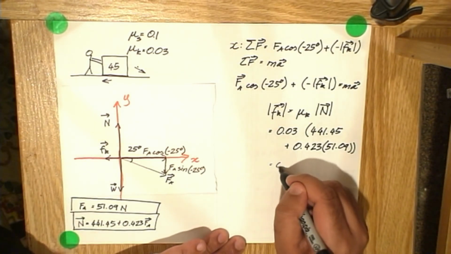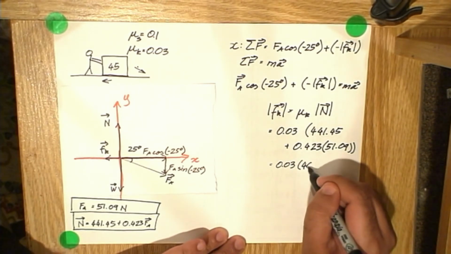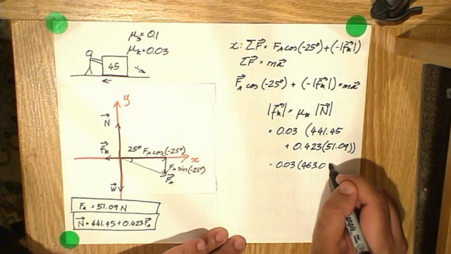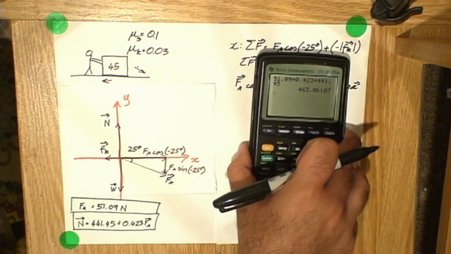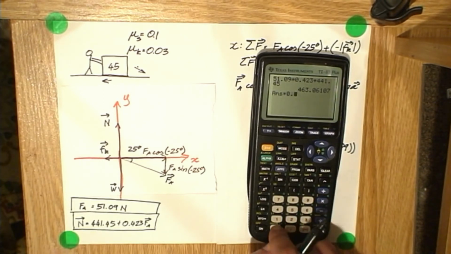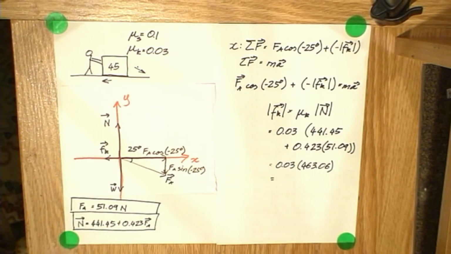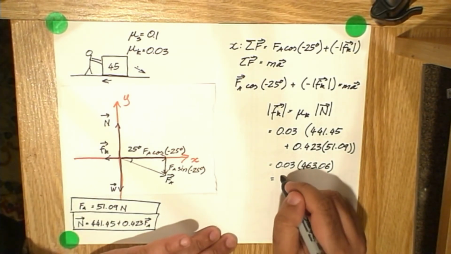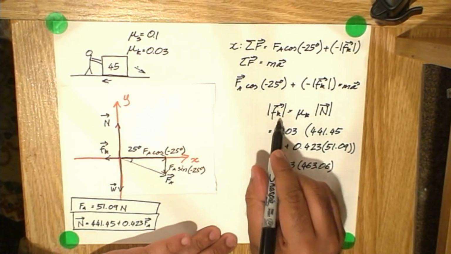So this all works out to 0.03 times 463.06, which is 13.89. So that's the size of the kinetic friction.